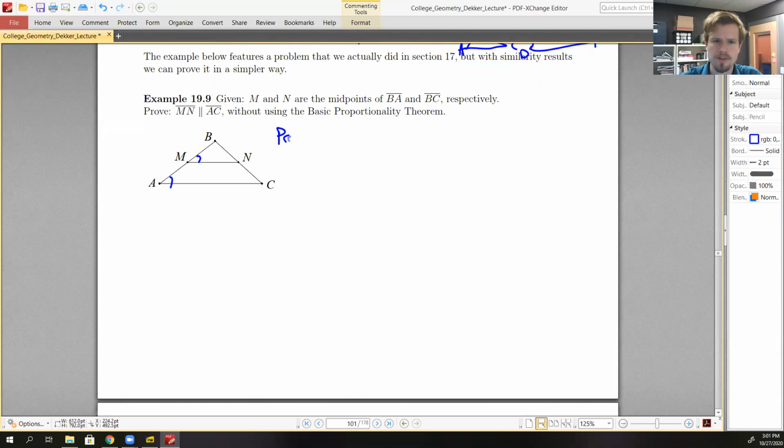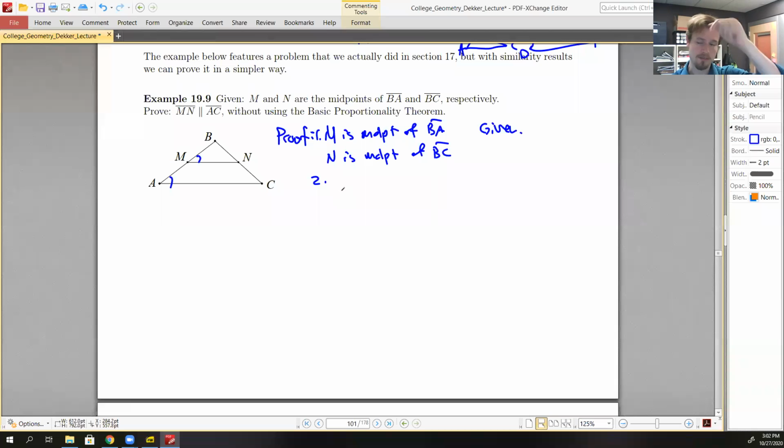So for our proof here, of course, begin with the givens. M is midpoint of BA and N is midpoint of BC. All right. Next, let's observe what the definition tells us.